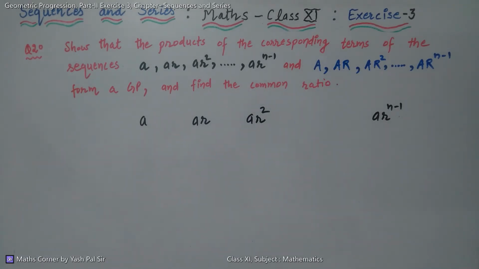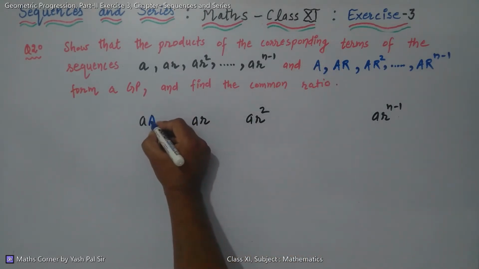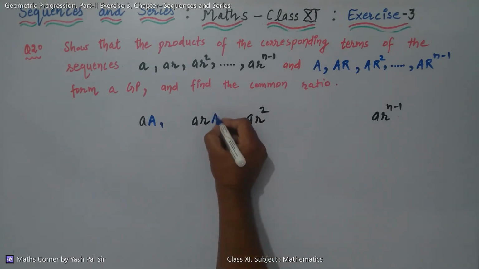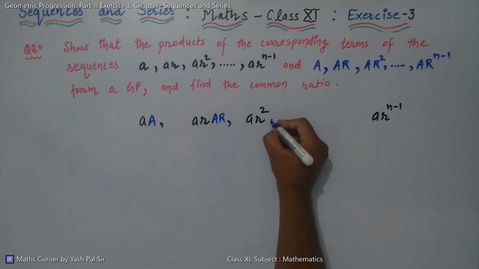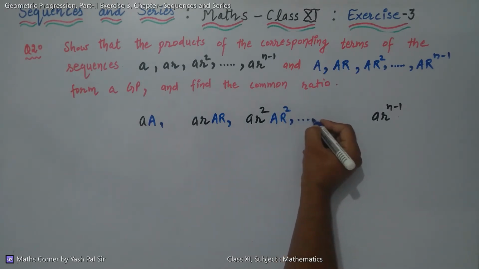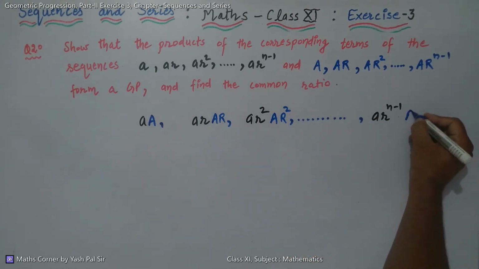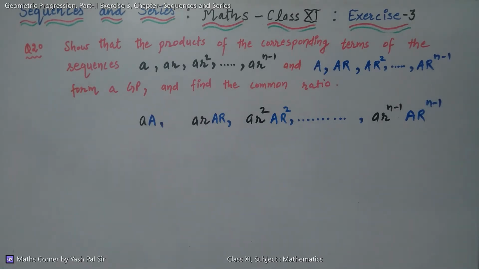And now we multiply the second sequence's corresponding terms. First term is a into A, comma. Second term is ar into AR. Third term is ar square into AR square, and so on. Lastly we multiply ar raised to power n minus 1 with the corresponding term. Now let us see what happens.